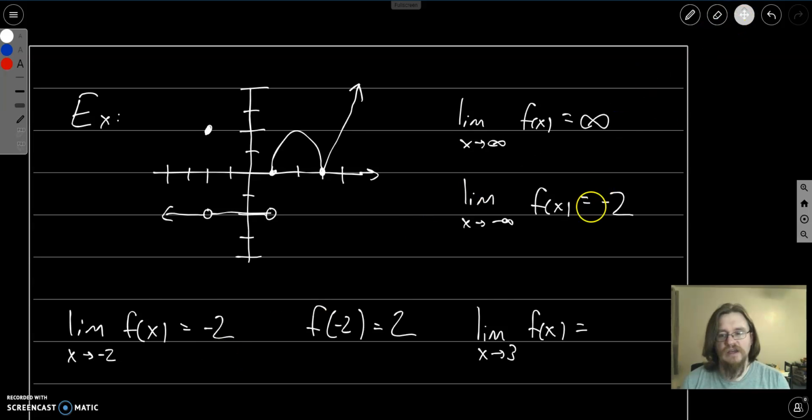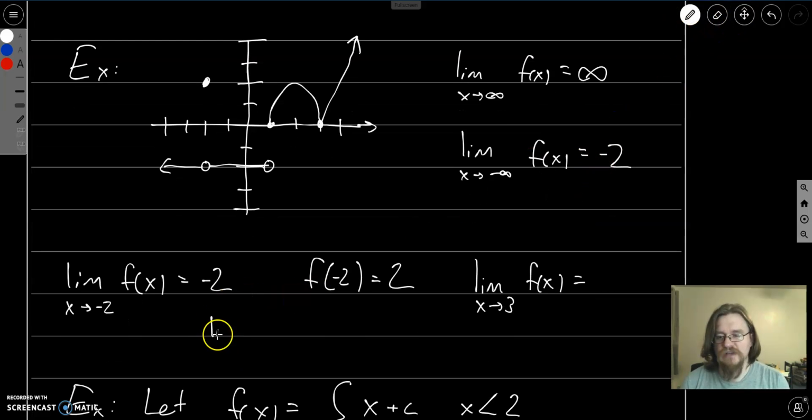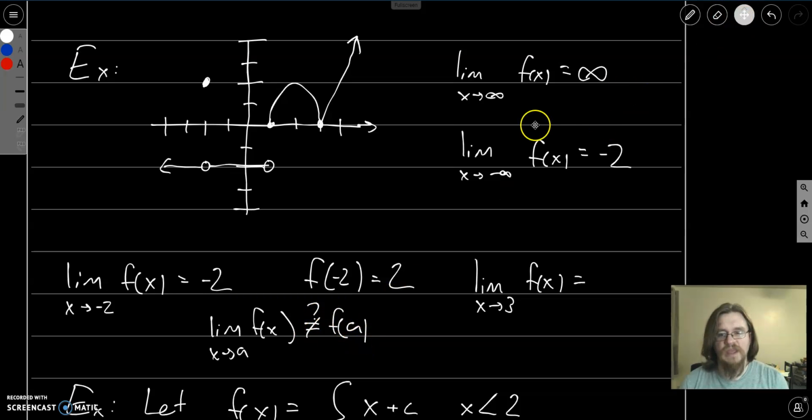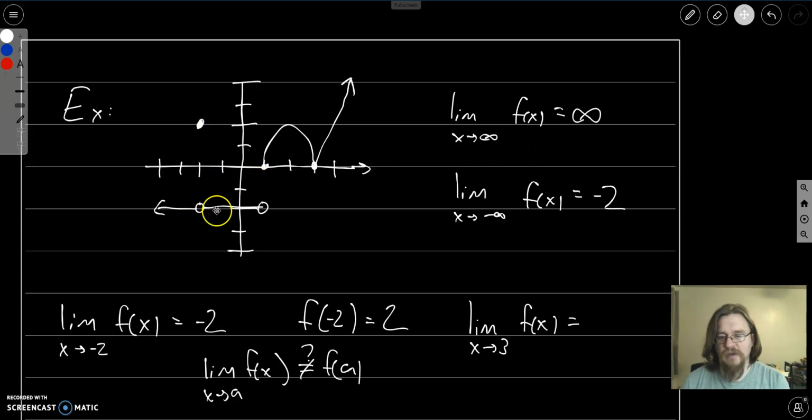So it's kind of nice to notice that the limit as x approaches a of f of x doesn't always have to be equal to f of a. So if I just plug in a into my function, in this case -2, I get a different value than what happens if I approach a from the left and right. So this is just something to keep in the back of your mind. We can't just plug in a value. We have to think about it a little bit more.